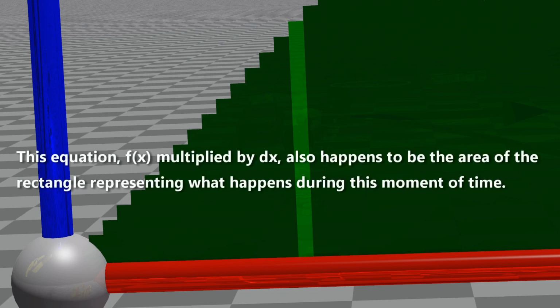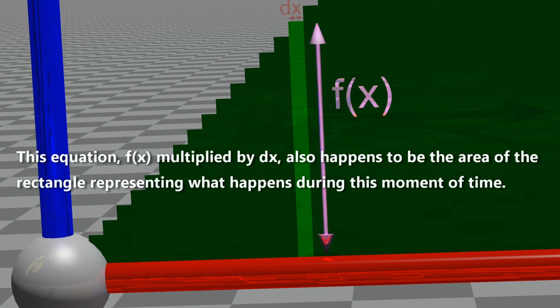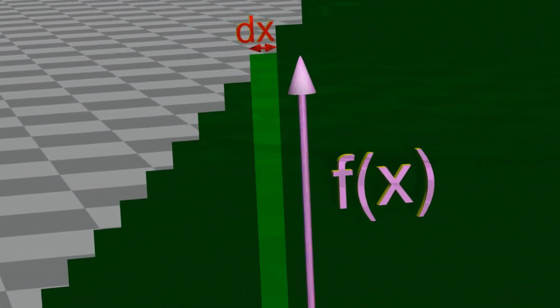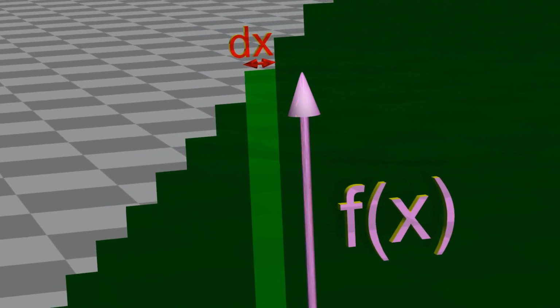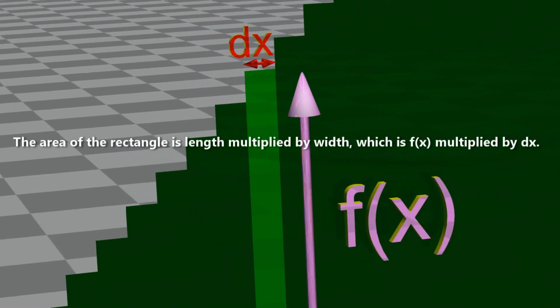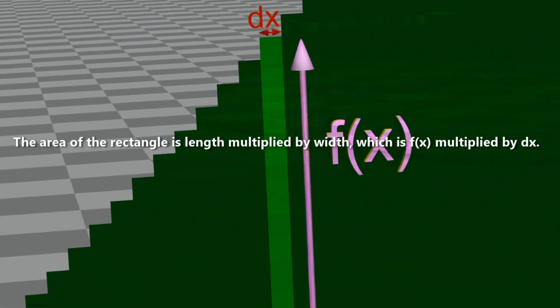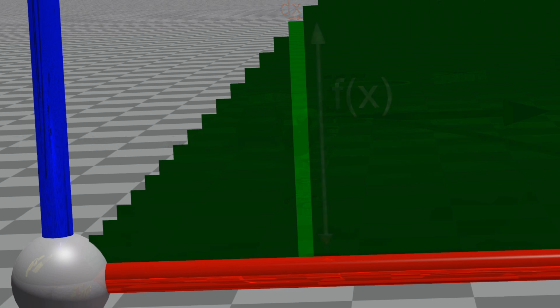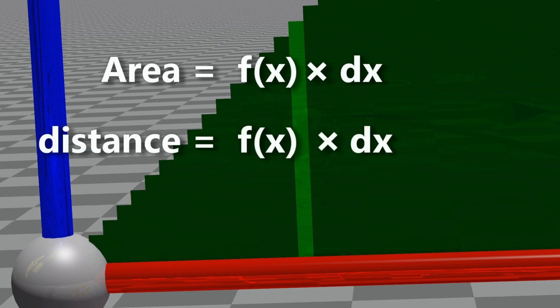This equation also happens to be the area of the rectangle representing what happens during this moment of time. The area of the rectangle is length multiplied by width, which is f of x multiplied by dx. Therefore, the area of this rectangle is exactly equal to the distance traveled during this moment in time.